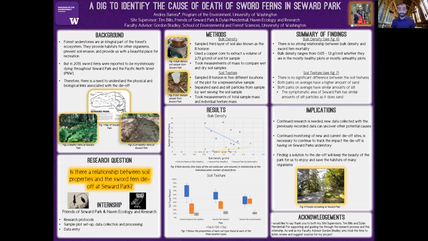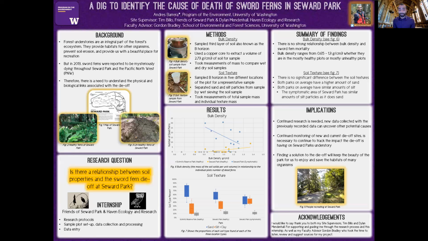So as for my results, for bulk density, as you can see, the gray is Smith's Reserve Park, where almost all ferns are healthy. And the yellow is the Seward Park healthy ferns areas. And the blue is Seward Park symptomatic ferns. On the x-axis, I have the number of dead ferns in each plot. On the y-axis, I have the bulk density of each plot.